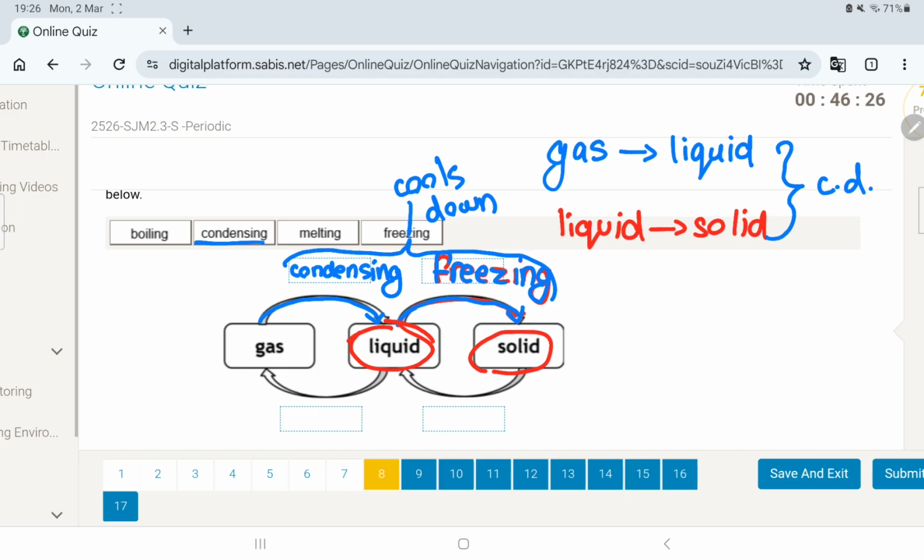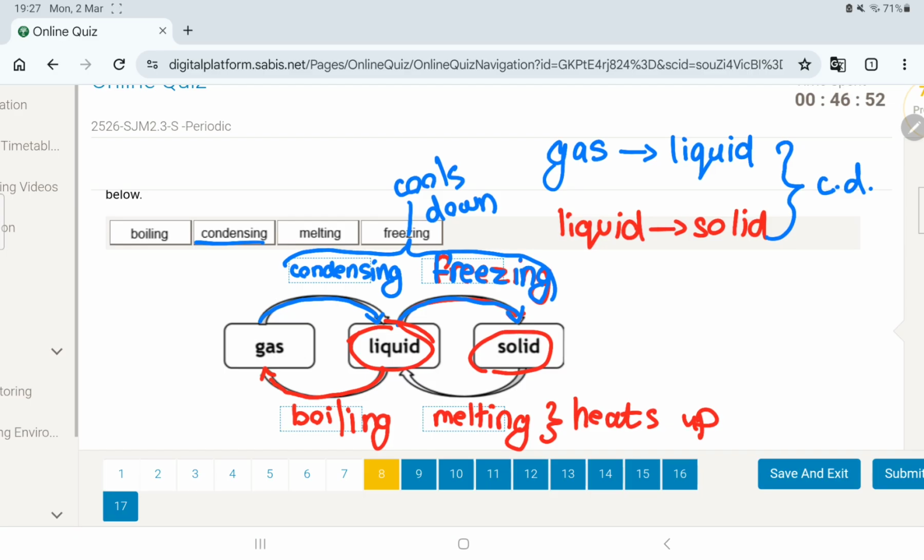What's the opposite of freezing? Melting. And what's the opposite of condensation? Boiling or evaporation. So, liquid to gas, it evaporates or boils. So here, it heats up.